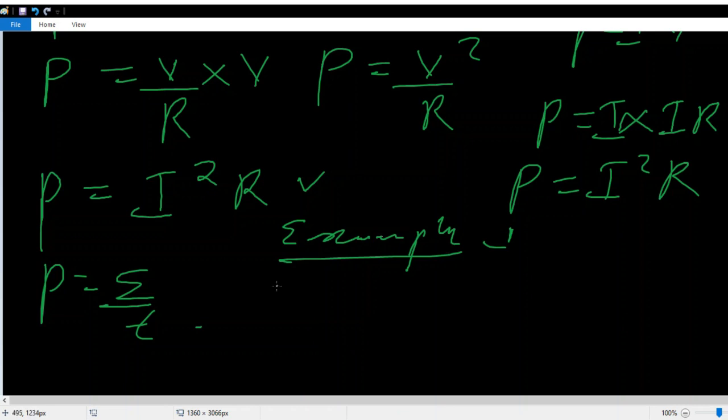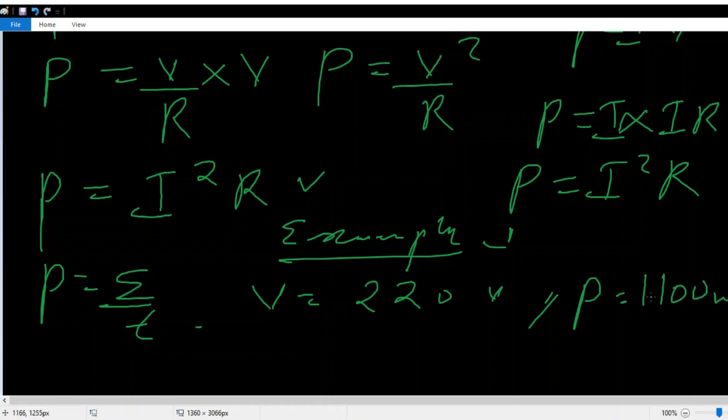Example 1: we have been given voltage as 220 and power as 1100 watts. We have been told to get current and resistance.